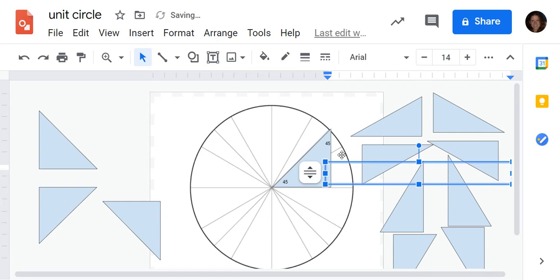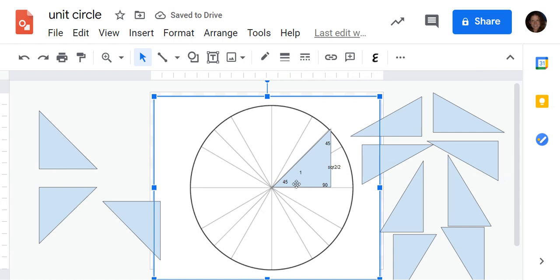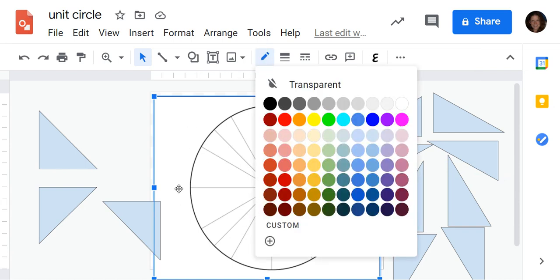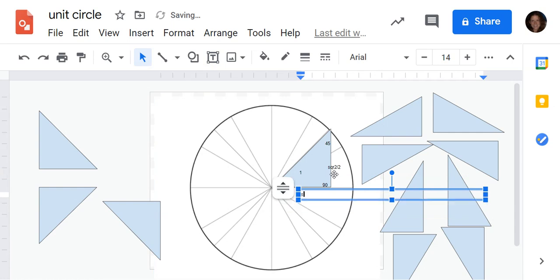So when we solve this, this is square root 2 over 2. And this down here is also square root 2 over 2. Sorry that it's listed funny.